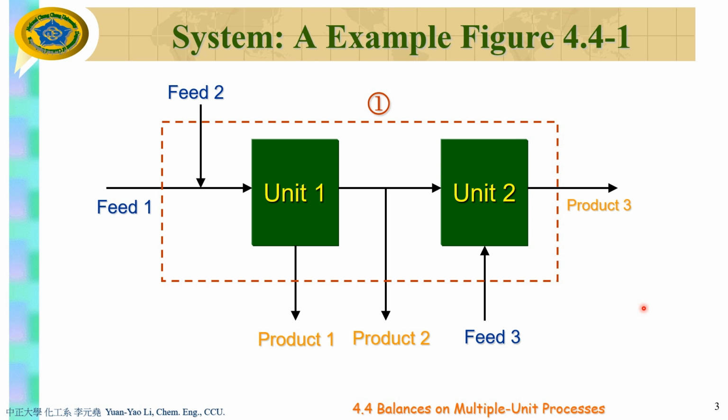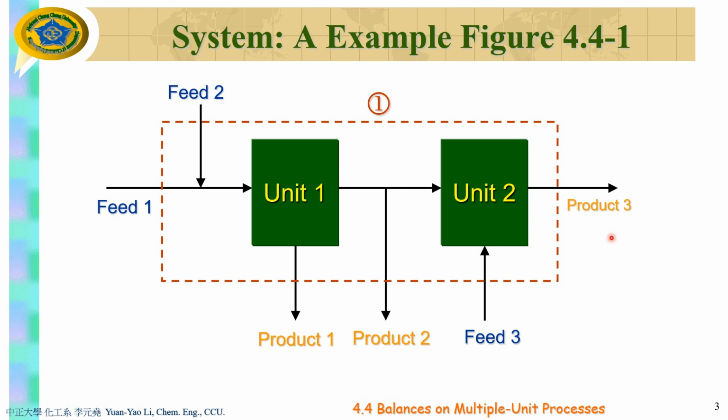Okay, how many outputs in this process? There are 3 outputs: product 1, product 2, product 3. So assume you have 3 species, A, B, C. The A input in feed 1, feed 2, feed 3 equals the A output from product 1, product 2, and product 3. This is one equation.